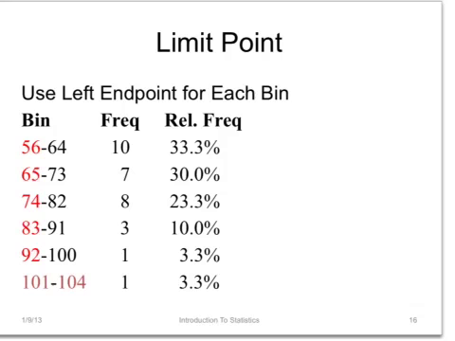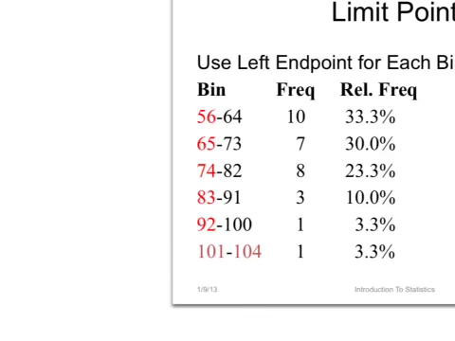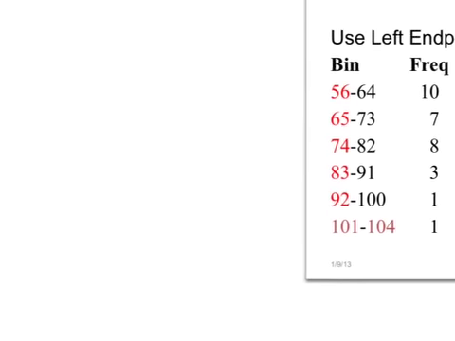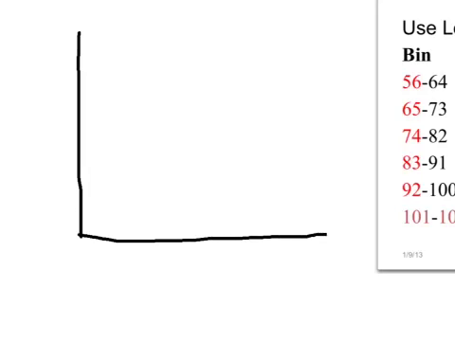For a limit point grouping, this is going to work exactly the same, except we are going to use the left-hand endpoints all the way up to the end to form our bins. So I am going to come over here, and we will again draw an X, Y. And here I'm going to start at 56.